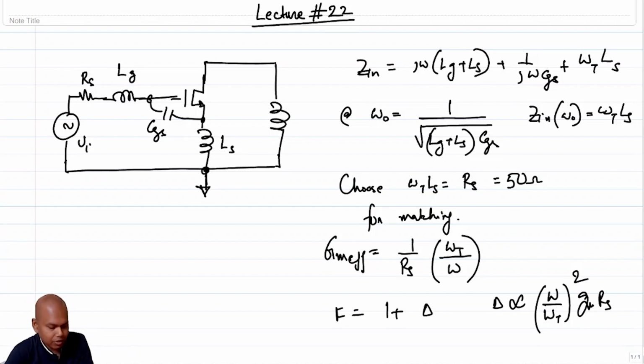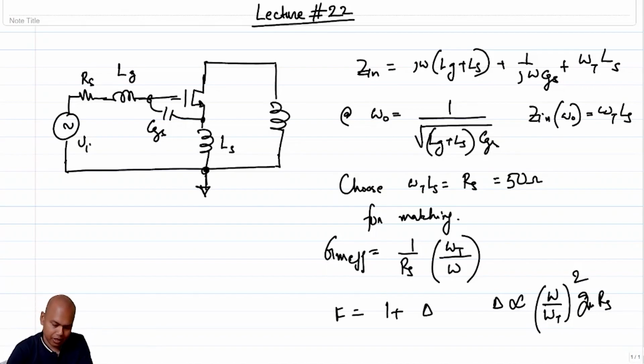So inductors was a good choice. An even better choice, especially if it's a narrowband LNA, is an open circuit. Now what is an open circuit? An open circuit can be manufactured by having an infinitely large inductor, or I can even have a resonant open circuit.